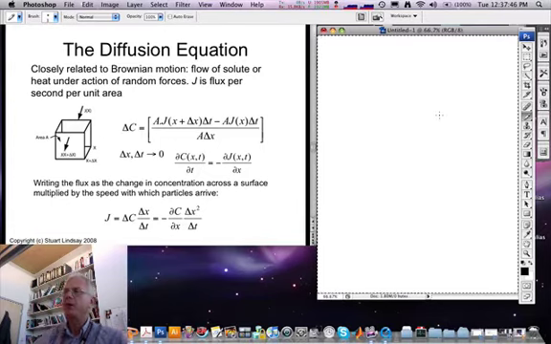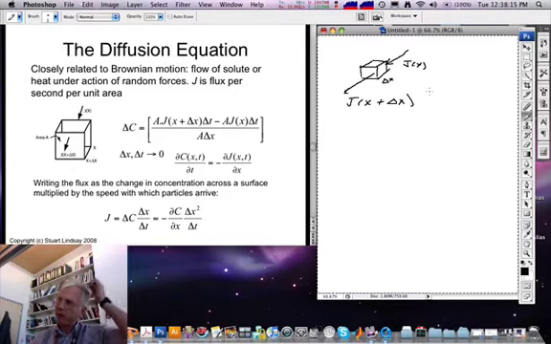So turning to the picture on this slide, if we consider a little elemental box inside a material through which particles or heat are diffusing, and make the box sides delta x, and then have a flux entering the box, J of x, and a flux leaving the box, J of x plus dx.